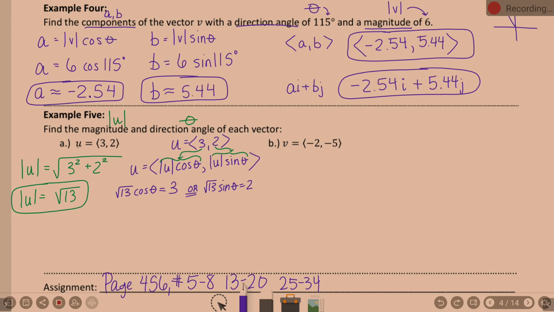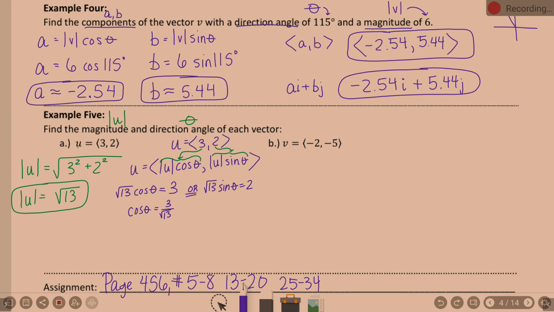Okay? So, how do we solve for cosine theta? How do we get cosine by itself? I'm not going to say multiply by square root of 13, but divide by square root of 13. So cosine of theta is 3 divided by square root of 13.